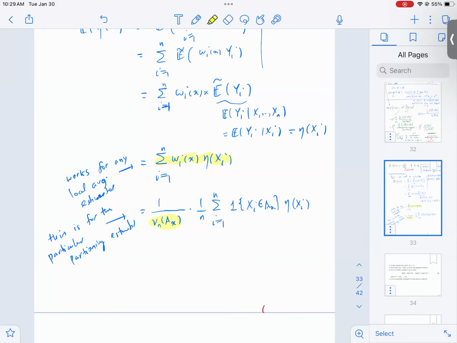But each term depends on X_i. So this whole thing is a function of X_i. Let's say it's like Z_i. Does that look familiar? 1 over n, i from 1 to n, Z_i, and the Z_i's are IID. They're independent and have the same distribution because the X_i's are IID. So this is really some function, let's say g of X_i, and g of X_i's are IID as well.